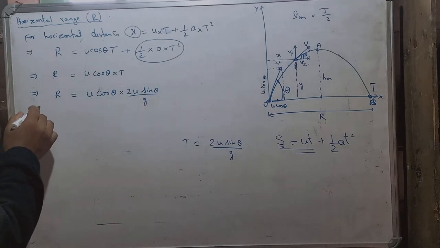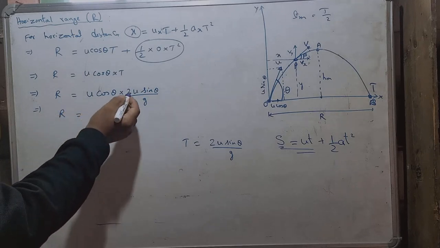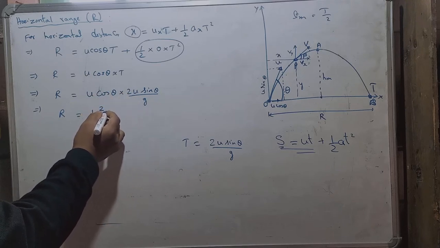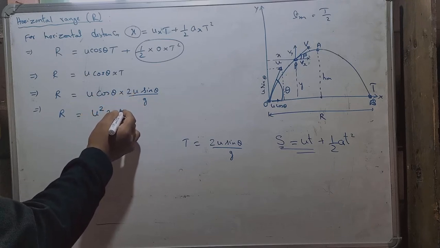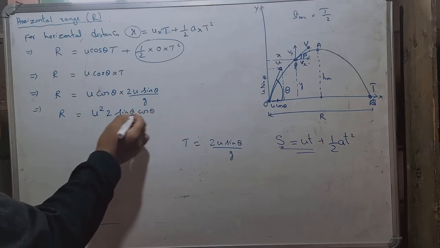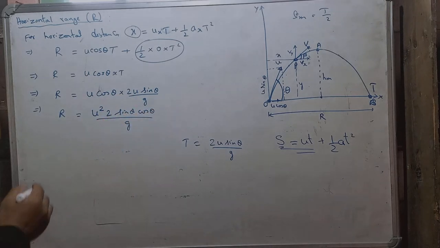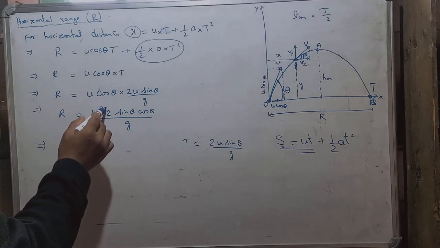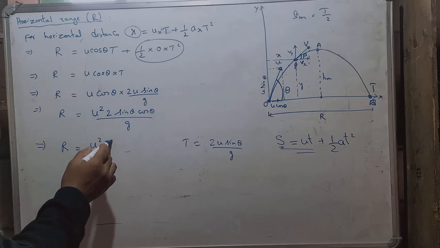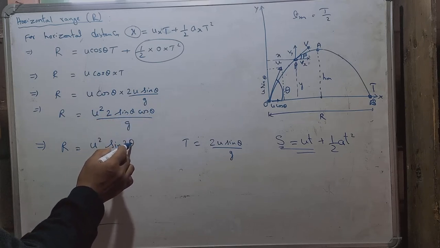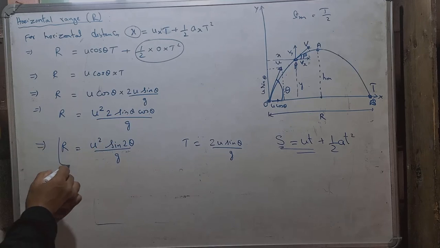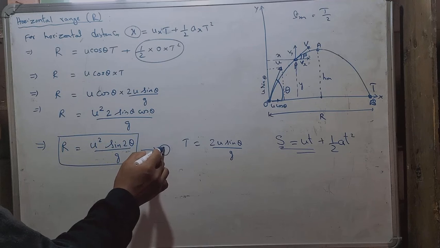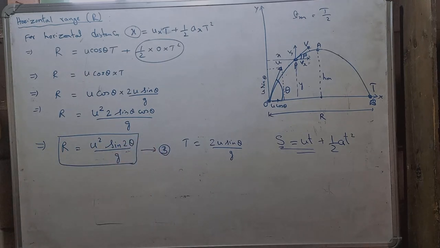Or we can write it this way: R equals u into u, that is u square, then 2 sine theta cos theta upon g. Just a rearrangement of the terms. Or R here is equal to u square, but we know from maths that 2 sine theta cos theta is equal to sine 2 theta, upon g. So this is the horizontal range. I'll name this as equation 3.